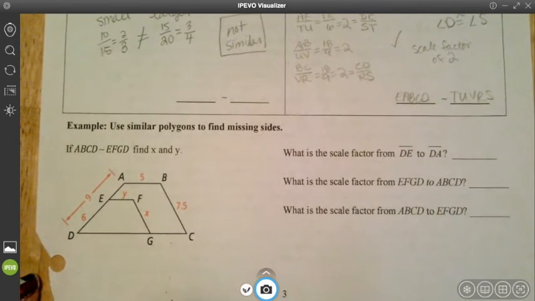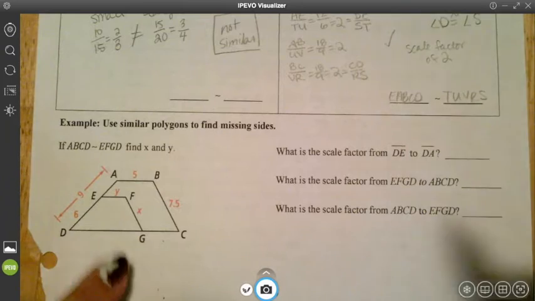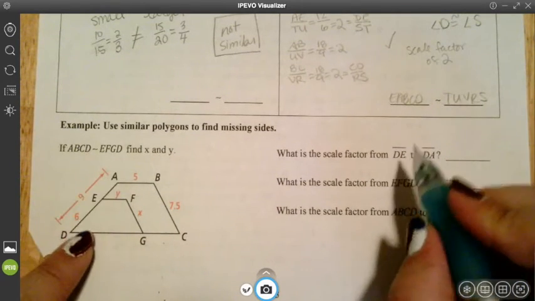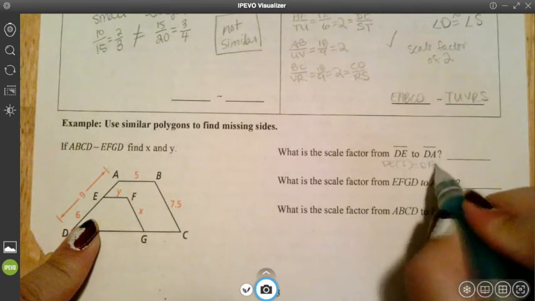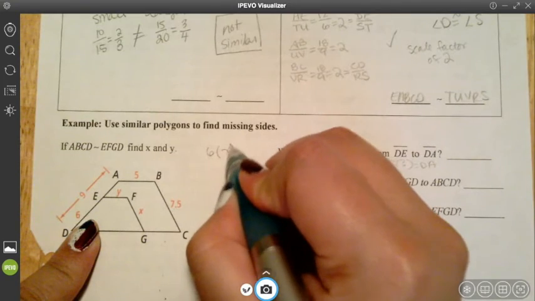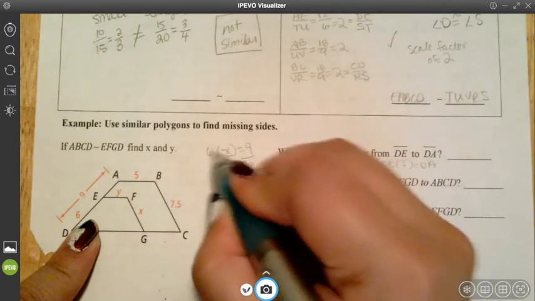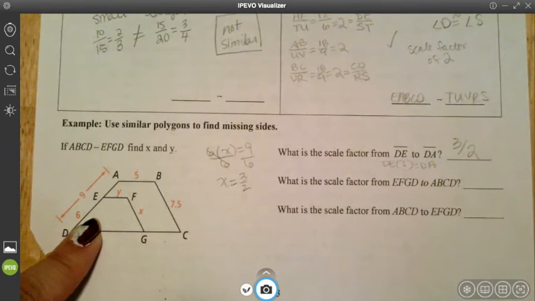If we're missing some information, we can use this idea of scale factor in order to find the missing pieces. If we're looking for the scale factor from DE to DA, that's saying DE times what equals DA. So 6 times what is 9, divide by 6, simplifying by 3, that would be 3 halves.